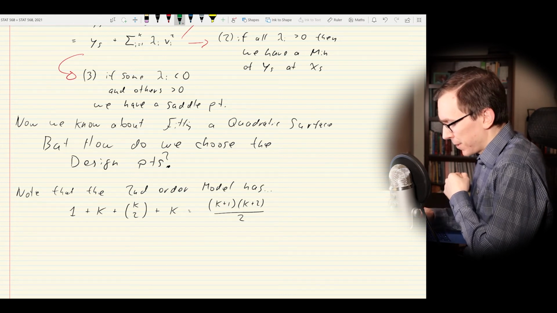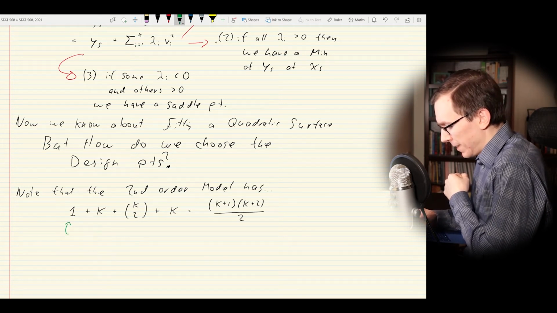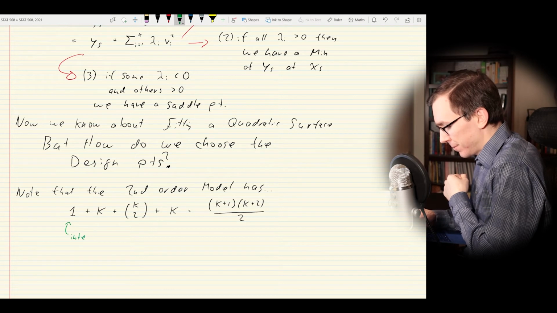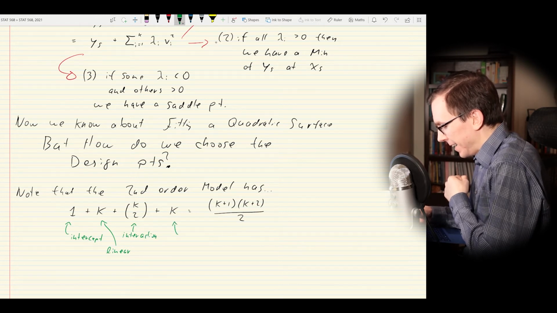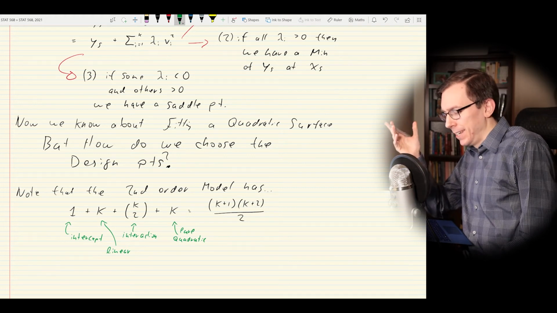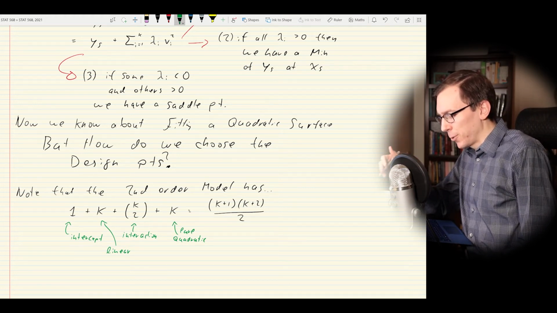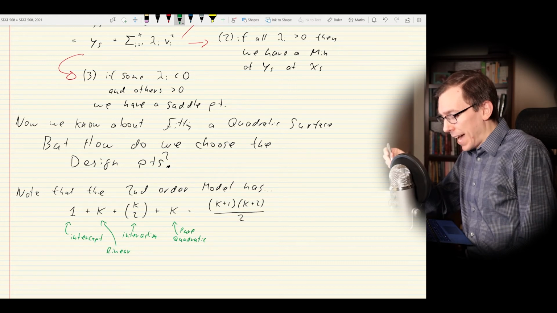Okay, so where's this coming from? Well, 1 is the intercept. k is the linear piece. k choose 2 is the interaction piece. And this other k is going to be the pure quadratic piece. So these are the different parts of the second order response surface that we have to estimate.